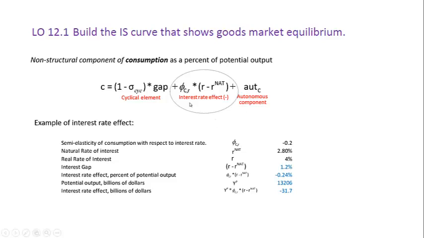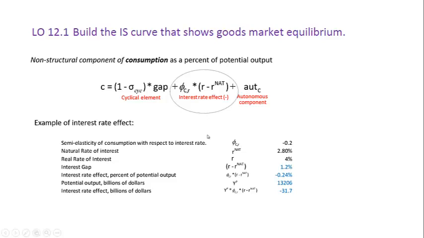What does the interest rate effect tell us? When the interest rate rises, we tend to pull back on our consumption, and we've expressed this in terms of a semi-elasticity. That's the percent change in consumption as a fraction of potential output given some basis point change in interest rates.